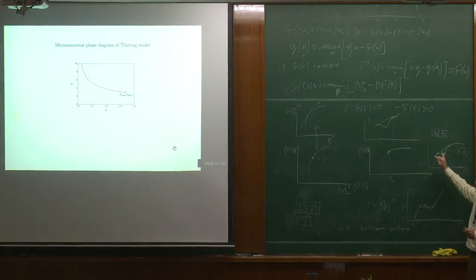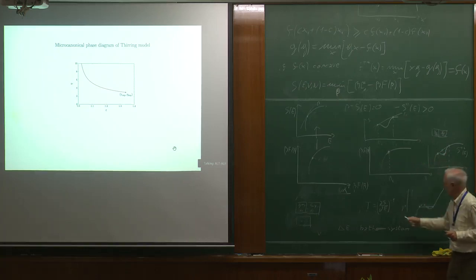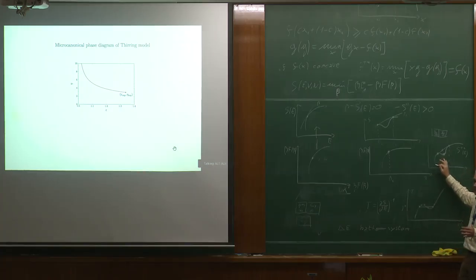This will be completely undetected by the canonical ensemble, because it is in the range of energy which is forbidden. Nothing forbids to have a first order phase transition also in the microcanonical ensemble, but they will be undetected by the canonical ensemble, because they will be in this region, in this plot.